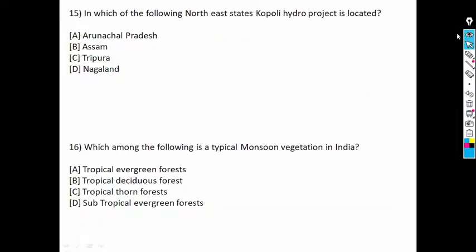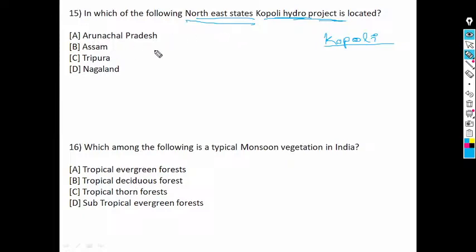Next, which of the following northeast states is the Kopili hydroelectric project located in?